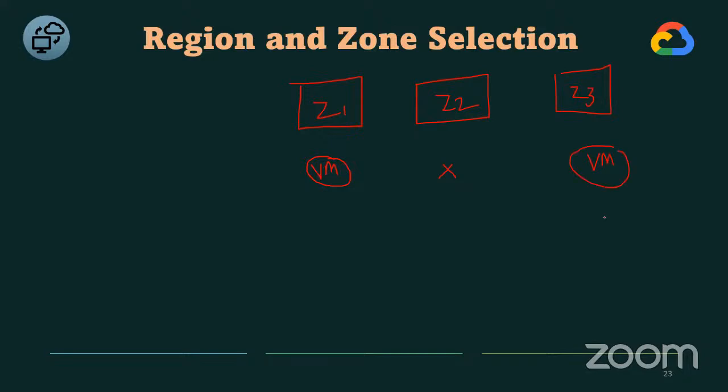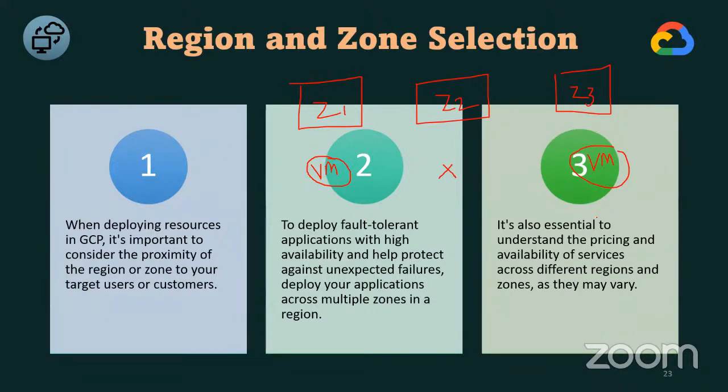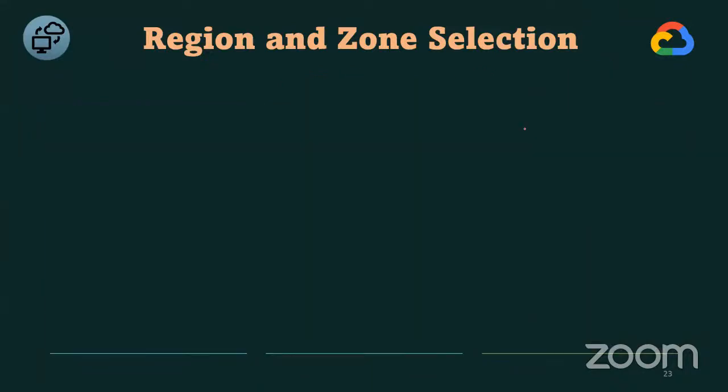So that is our third point, first thing: it is essential to understand the pricing and availability of the services across different regions and zones because it may vary. Region to region, the resources may vary. Zone to zone, the resources may vary.